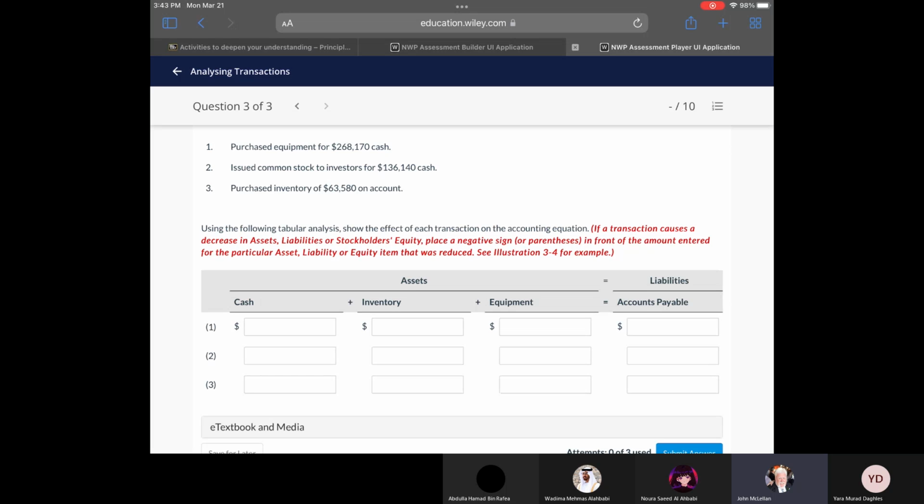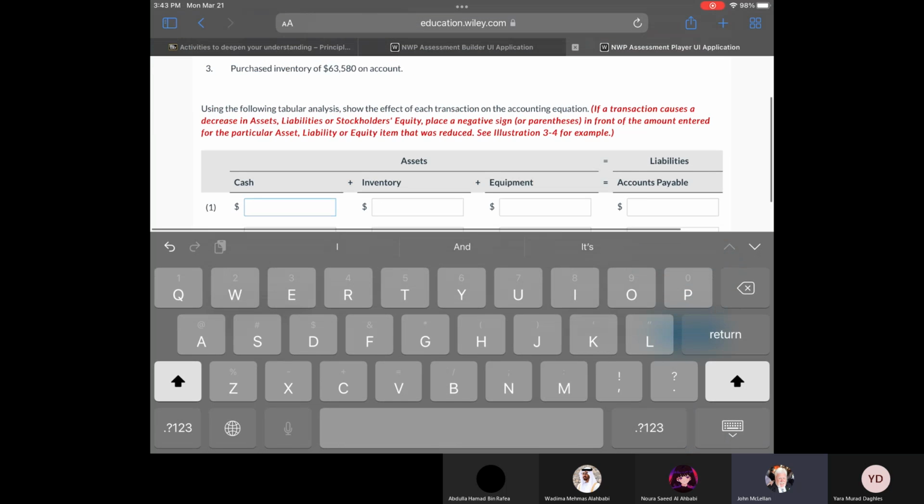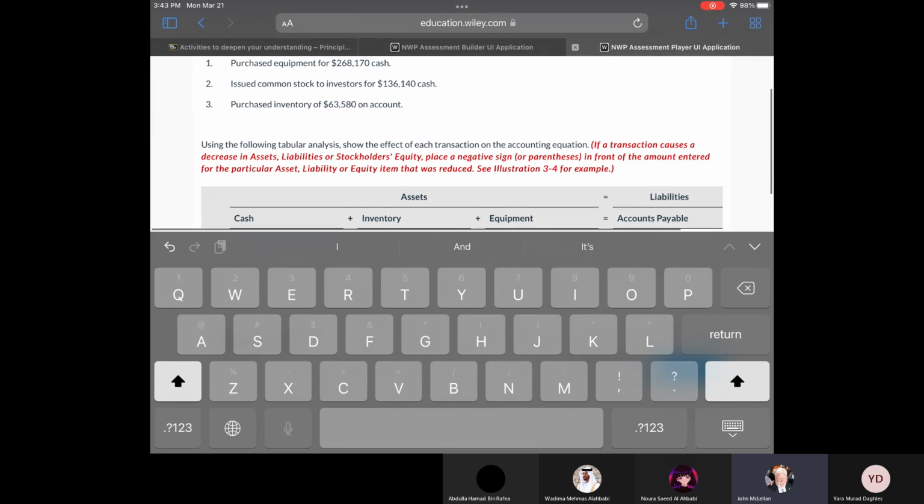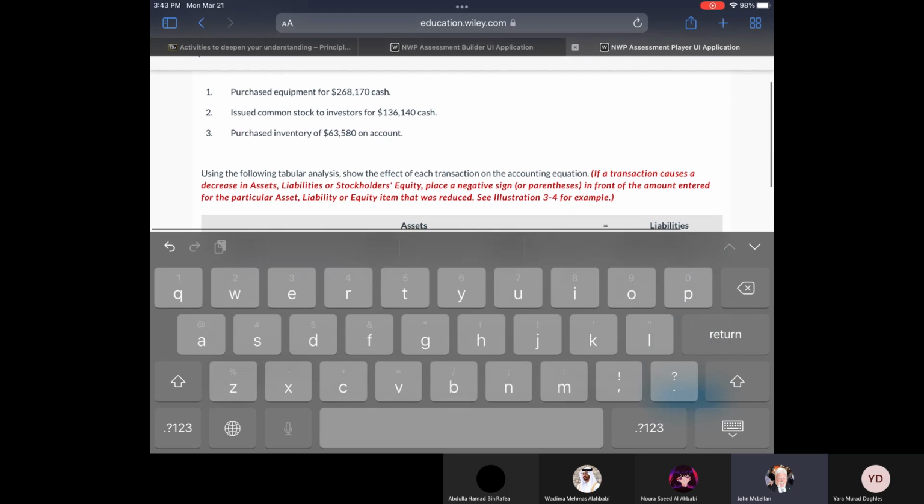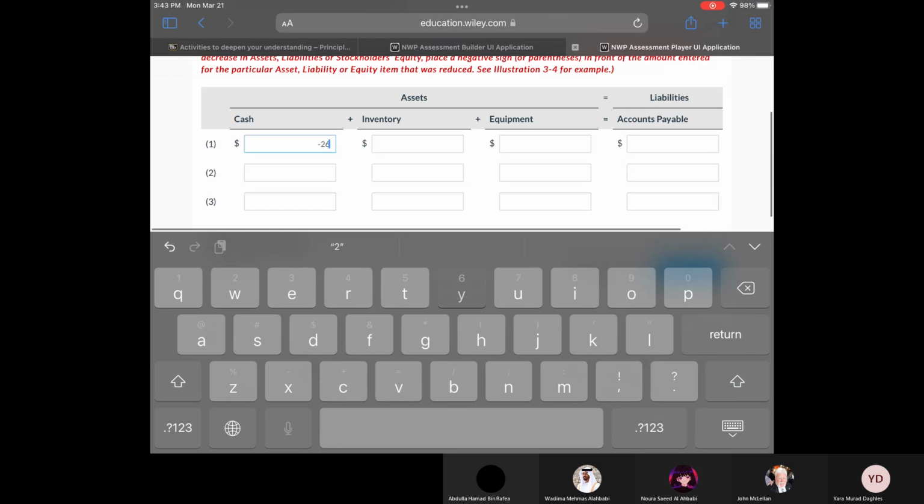Question 3, purchase equipment for 268,170. Equipment will increase. Yeah, right. Accounts payable?